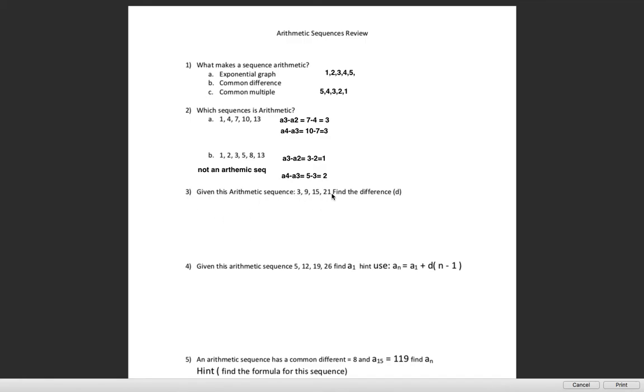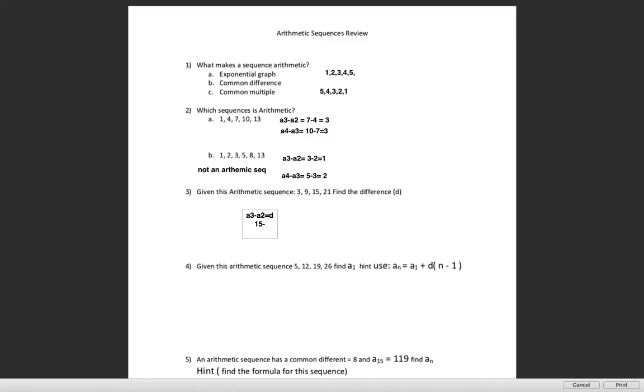Now, given this arithmetic sequence, we know that this is arithmetic. We just got to find the difference. We're actually doing that right here, except since we know this is arithmetic, we only have to find one difference. So we're going to take A3 minus A2, and that is our difference. Our third term is 15.